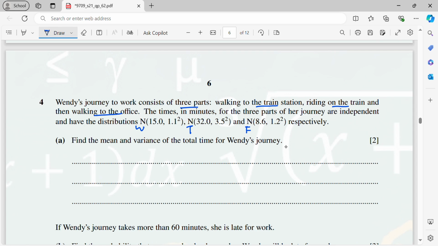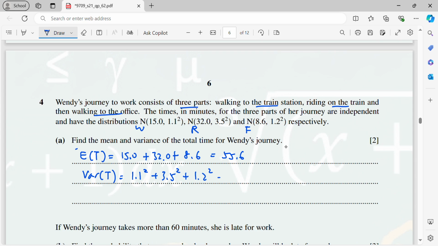So then I will just write expected total T. Since this is T, that means the train I write probably R. Alright, so it will be 15.0 plus 32.0, get all the means. Plus 8.6. Then you will be getting 55.6. T means total time. Then the variance of the total time, it will be just adding on all the variances.